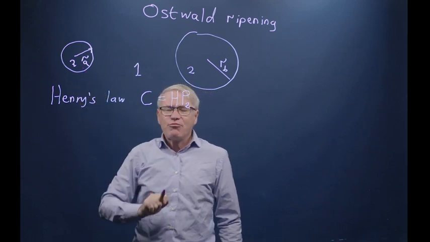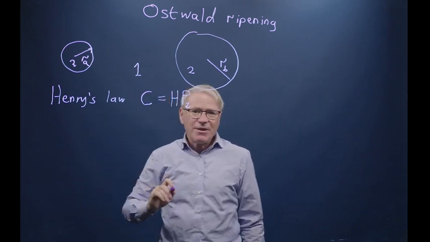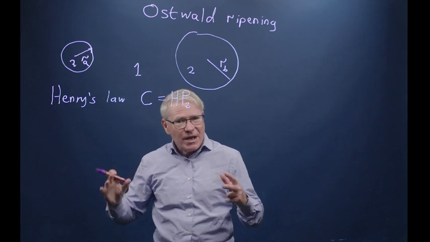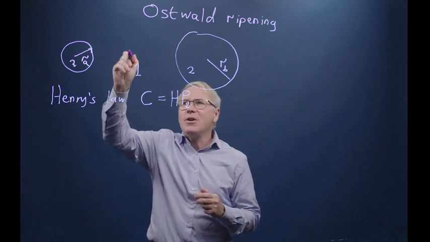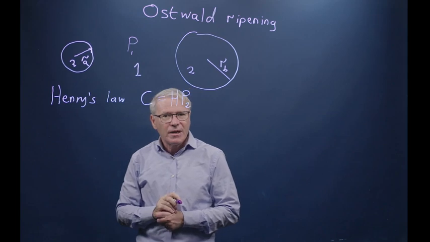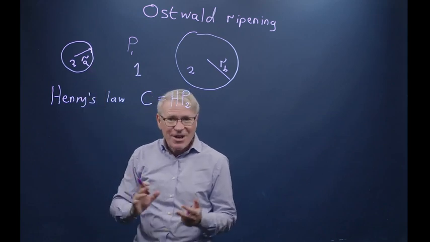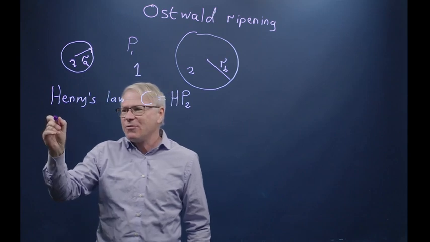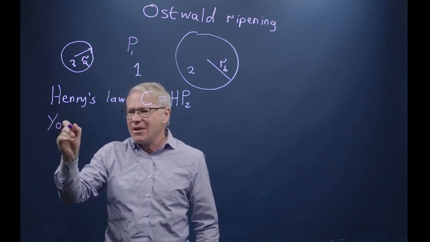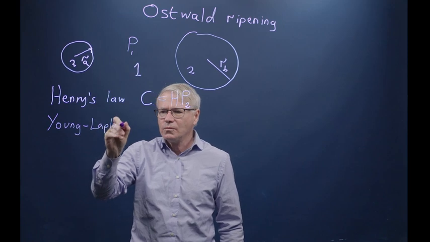But just a moment, let's look at this. What is the pressure in these gases? Well, phase 1, the aqueous phase, we assume is continuous, and that has, if there's no flow, a constant pressure, which we can call P1. What is the pressure P2? Well, now we invoke another law, which we have addressed before, the Young-Laplace law.